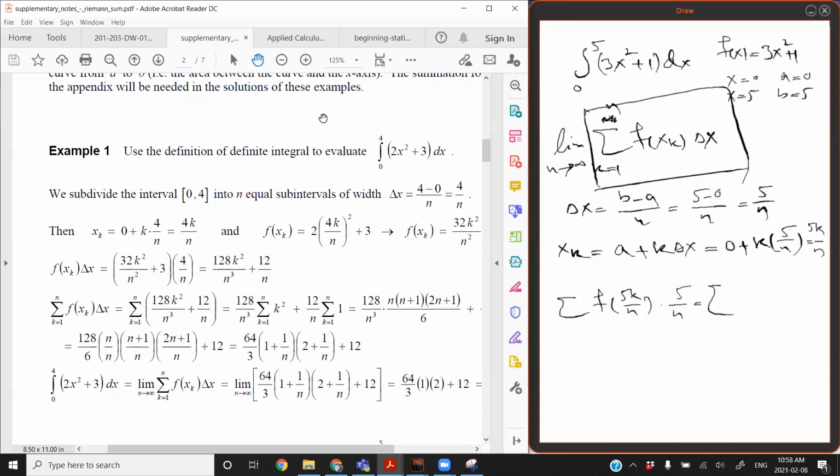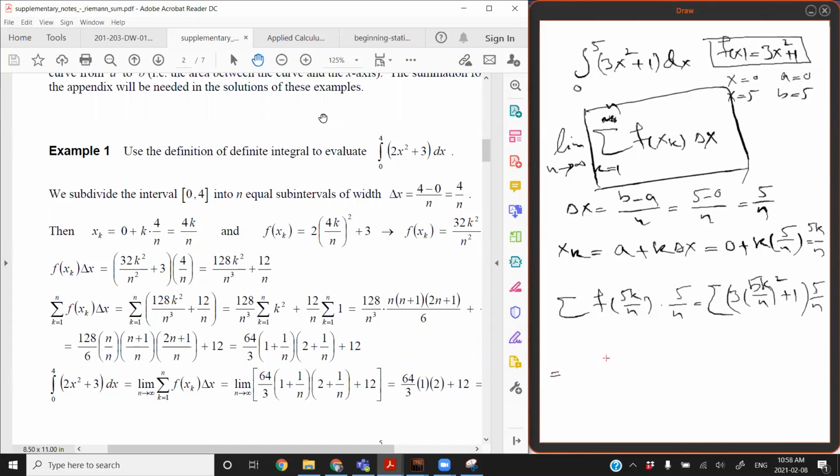Using the function, I get 3 times 5k over n squared plus 1, times 5 over n. So what I did here is that I replaced the x in the function with whatever I have inside the braces here, the 5k over n.